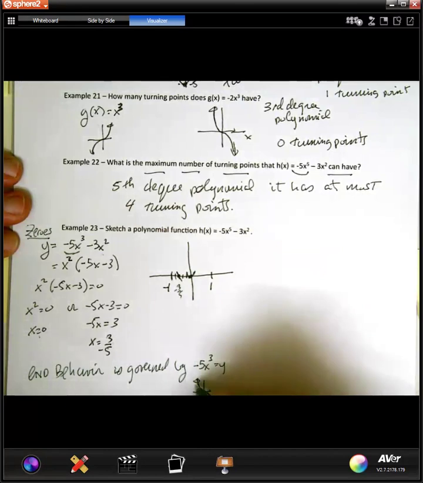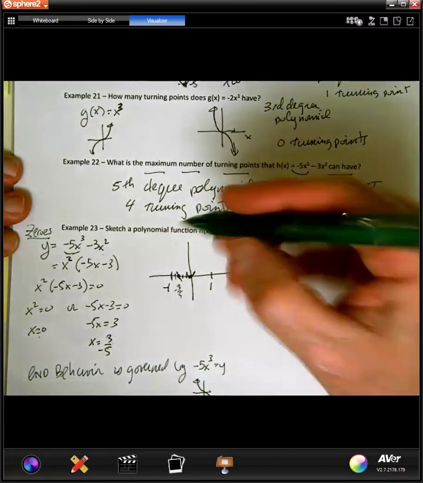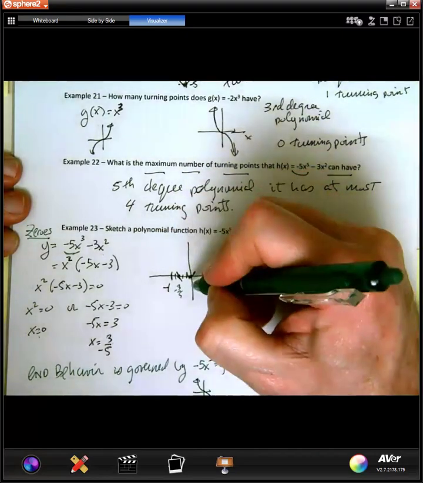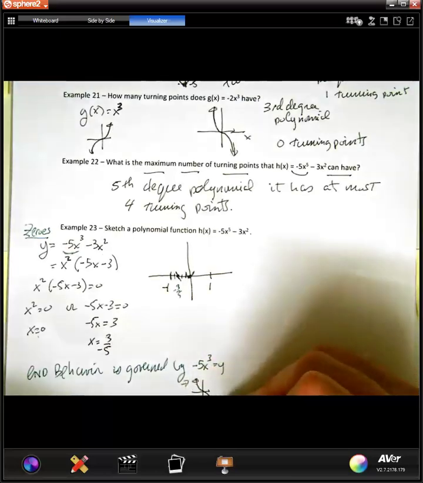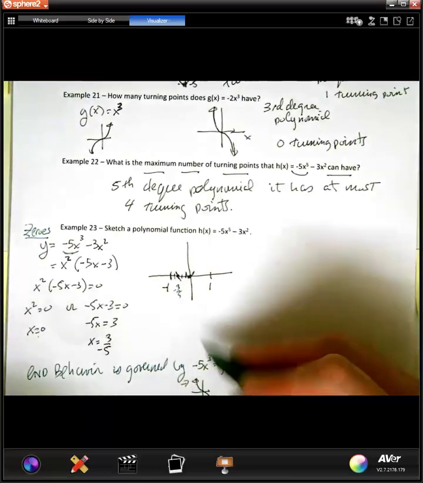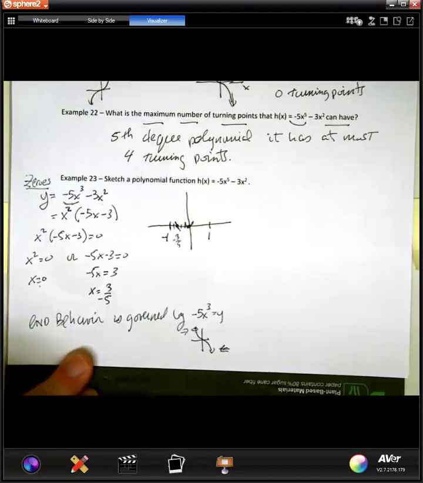So it goes up and then goes down. So now, without really worrying too much about how I'm going to approach this, I realized that here's my endings. And the endings of this sketch I'm about to do have to match this.